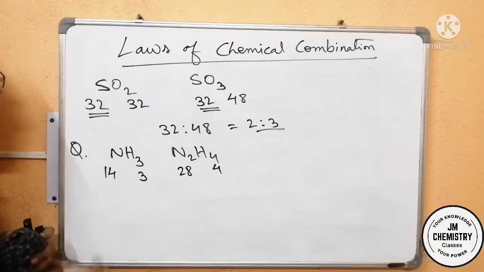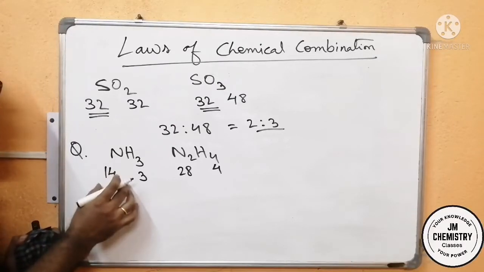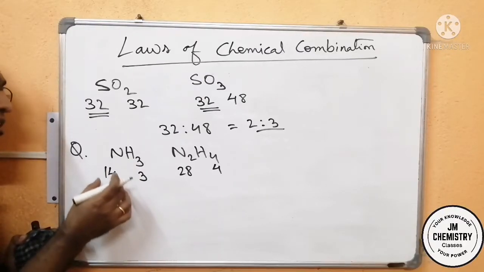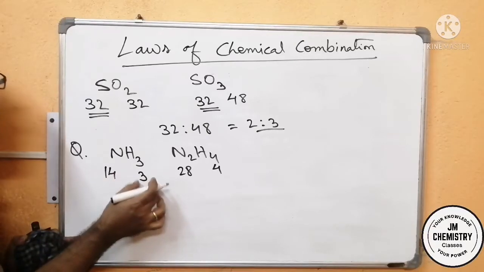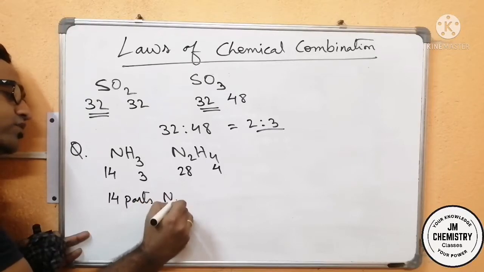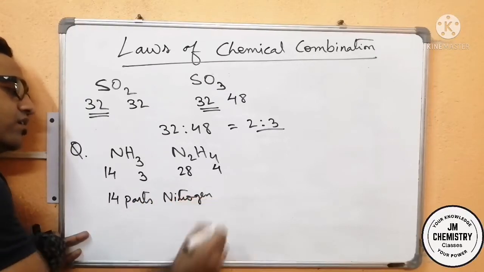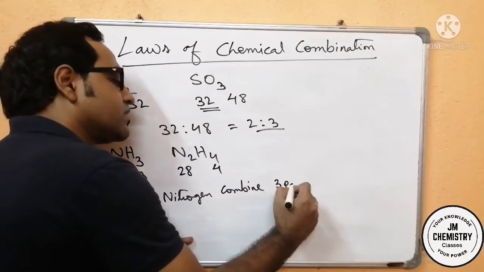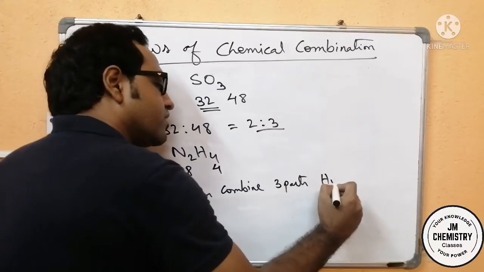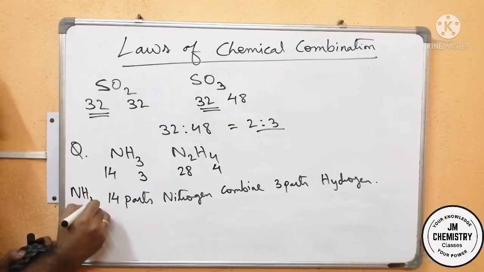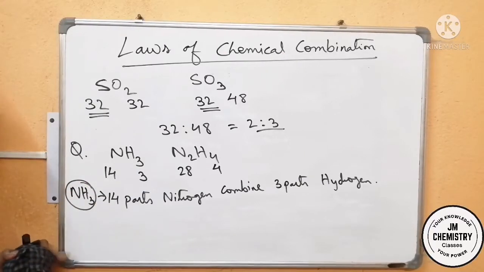For the first one, we can write 14 parts of nitrogen combined with 3 parts of hydrogen, or we can say 14 grams of nitrogen combined with 3 grams of hydrogen. So this is in the case of NH3.